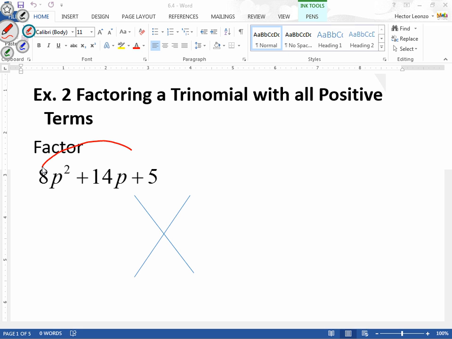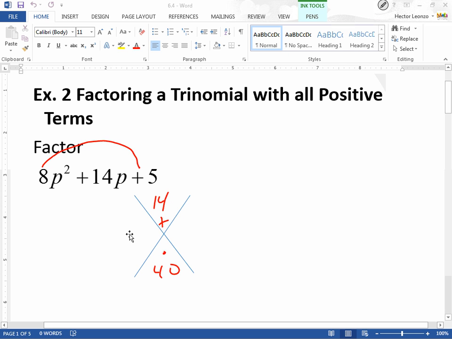So I'm going to think of two numbers that when I multiply them equal 40. Remember, I multiply that 8 times 5. So I'm looking for two numbers that multiply to 40, but when I add them equal 14. For the first three sections, I used to do my little chart of factors here at the side. I think by now we should already be good at this.